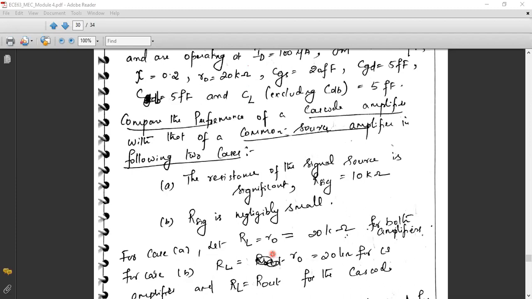That is, whatever factor you have multiplied in the gain, the same factor is acting as a dividing parameter in the bandwidth. That means if you are getting 30 times increase in the gain, then 30 times will be the decrease that you are observing in the bandwidth. That is a peculiar property of a cascode amplifier, but that is evident only in case B, that is when R_Sig is negligible.